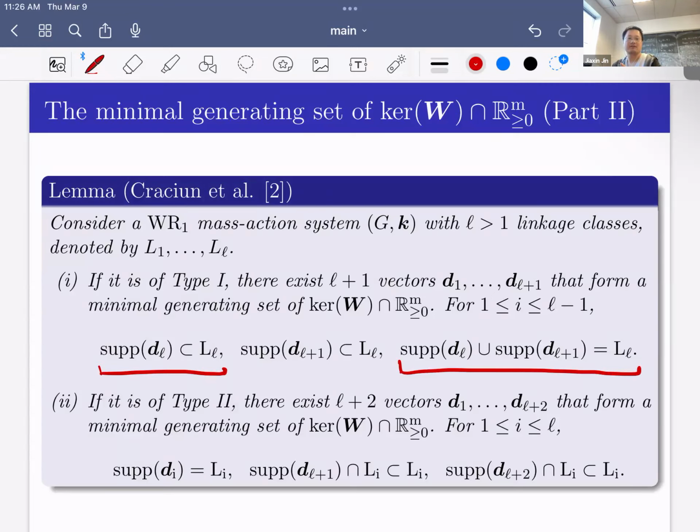If this system is a type 2 network, we can find L plus 2 vectors as the generators, where the first L vectors give us linkage classes, while the last 2 generators have support everywhere. Therefore, we can again use these generators to find what is a good linkage class.